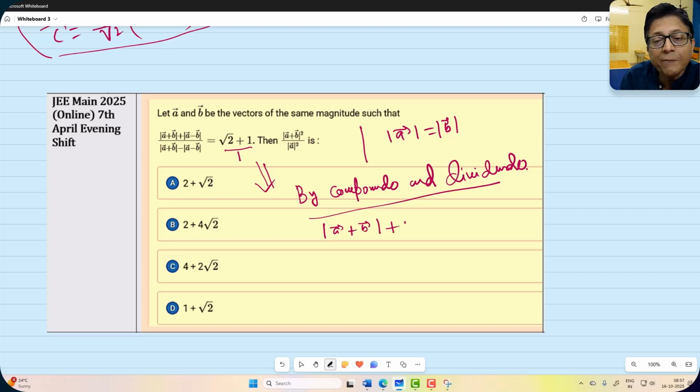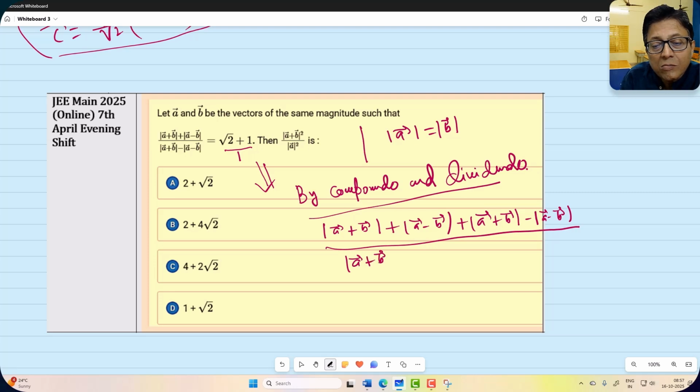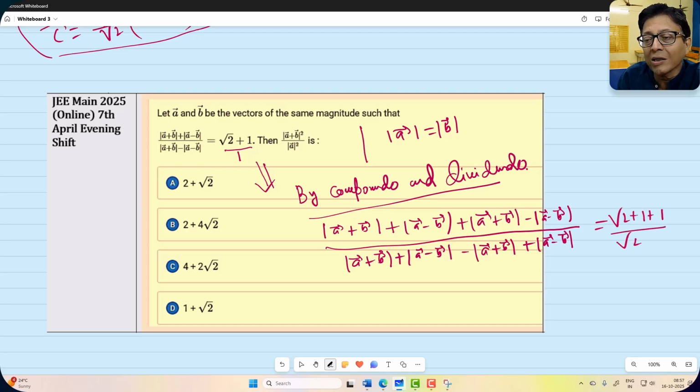Mod A plus B plus mod A minus B, over mod A plus B minus mod A minus B, equals root 2 plus 1 plus 1, over root 2 plus 1 minus 1.